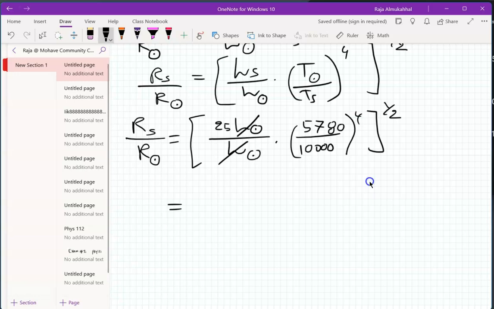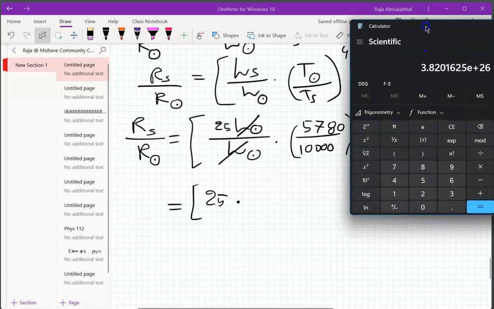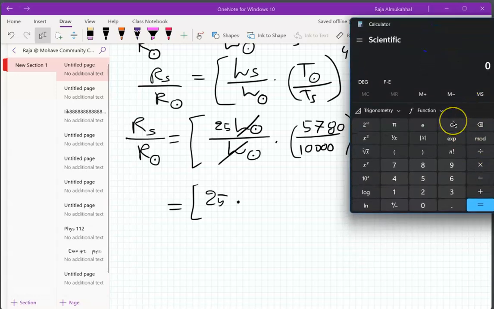So what I have here is basically number crunching, really. So I have 25 times, and I can use the calculator to get this number. Let me use the calculator very quickly. So what I have is 5780 divided by 10,000, and that's to the power of 4, and you get 0.11.